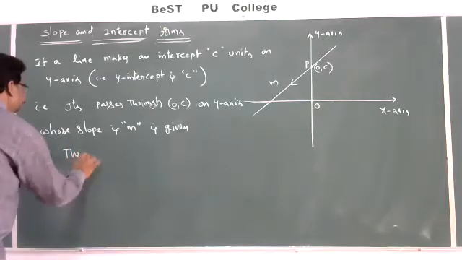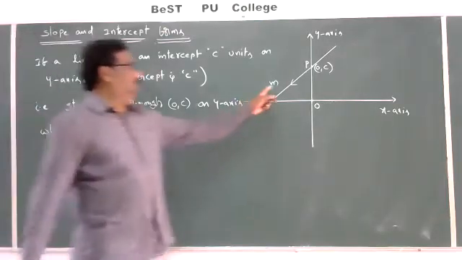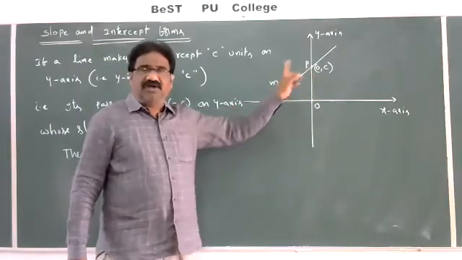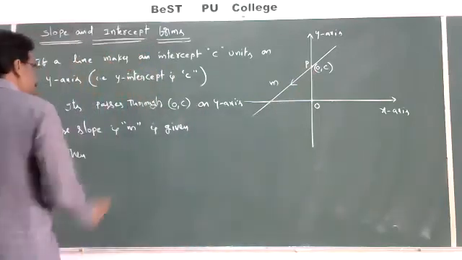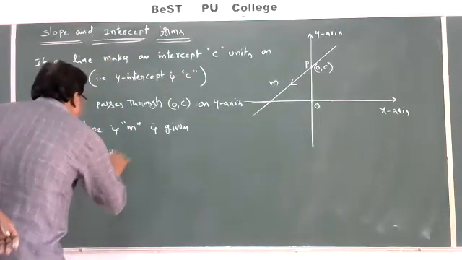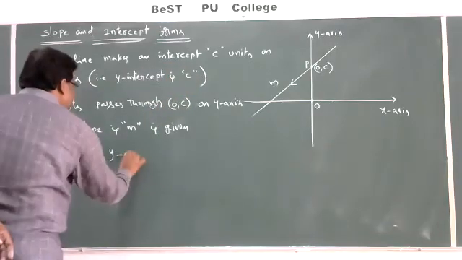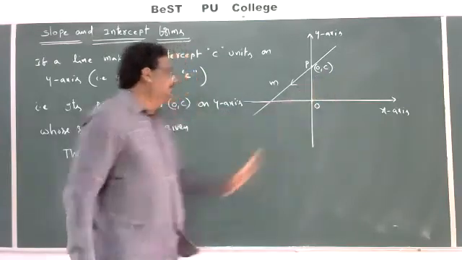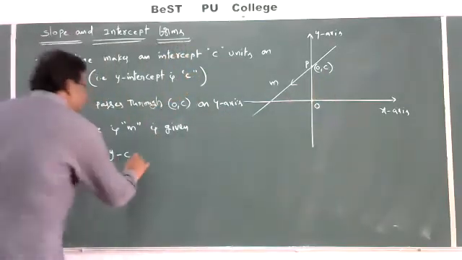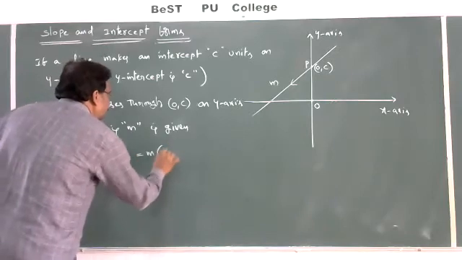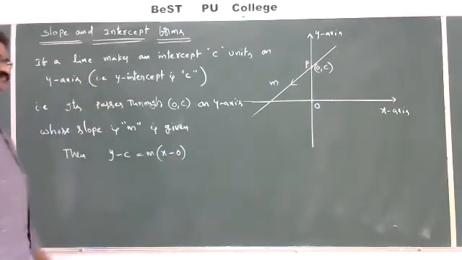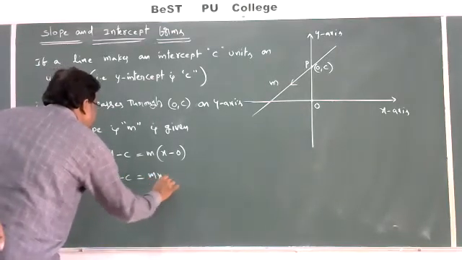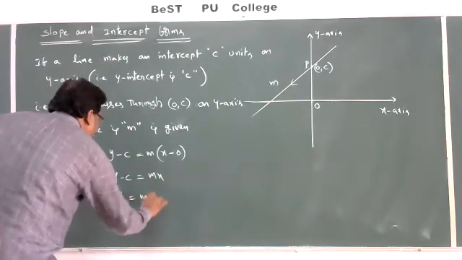Then we know the slope and the point it passes through, that is the slope and point form. Passing through x1 y1, where y1 is c, that is y minus y1, that is y minus c is equal to m, the slope, into x minus x1, where x1 is 0. So y minus c is equal to mx, that is y is equal to mx plus c.